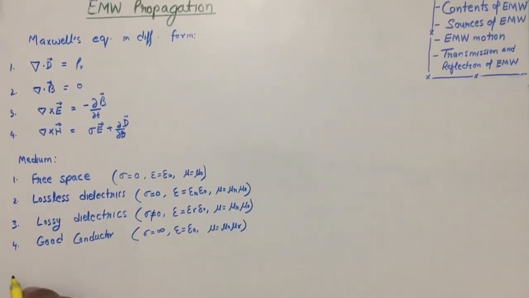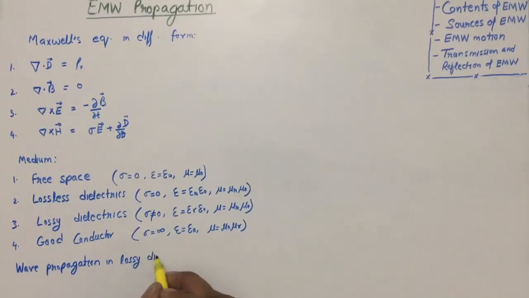So we will start from the wave propagation in lossy dielectrics. A lossy dielectric is a medium in which, when an electromagnetic wave propagates, it loses its power due to poor conduction.